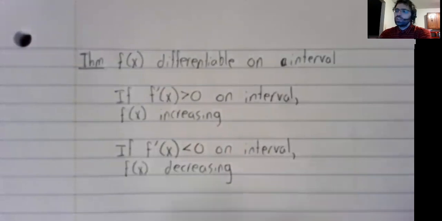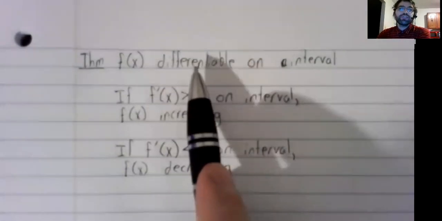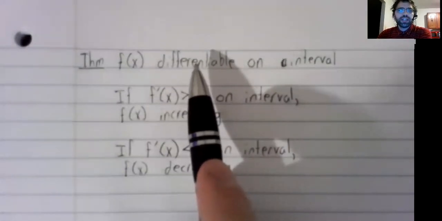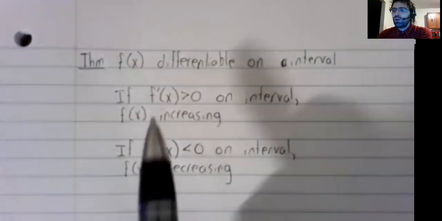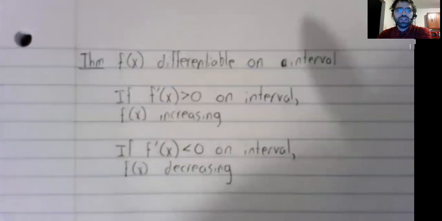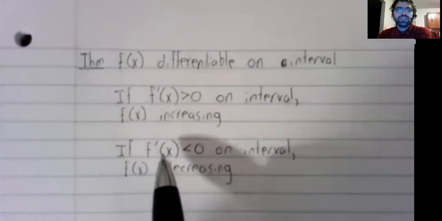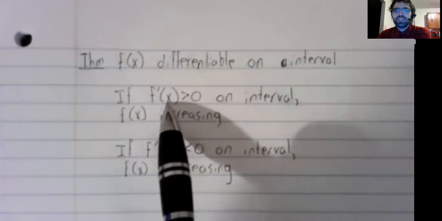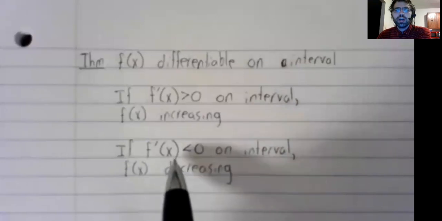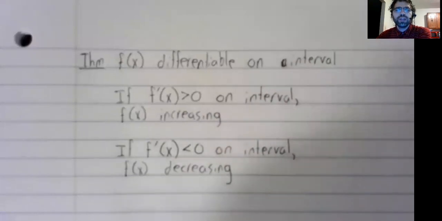Now, just because f of x is differentiable on an interval doesn't mean that its derivative is always positive or always negative. Maybe sometimes it's positive and the function is increasing. Other times it's negative and the function is decreasing.